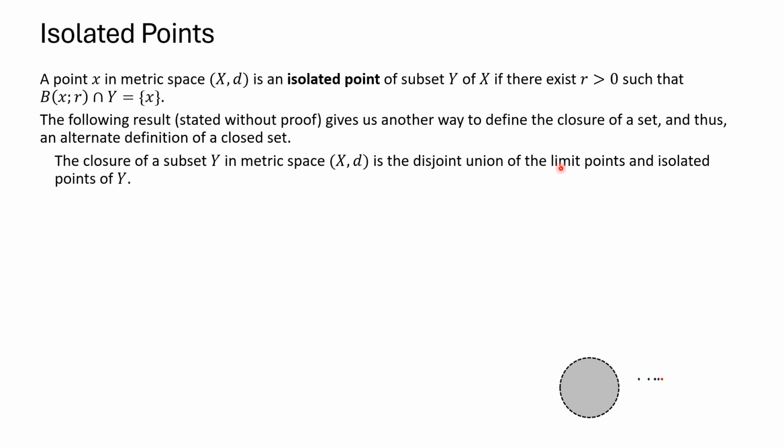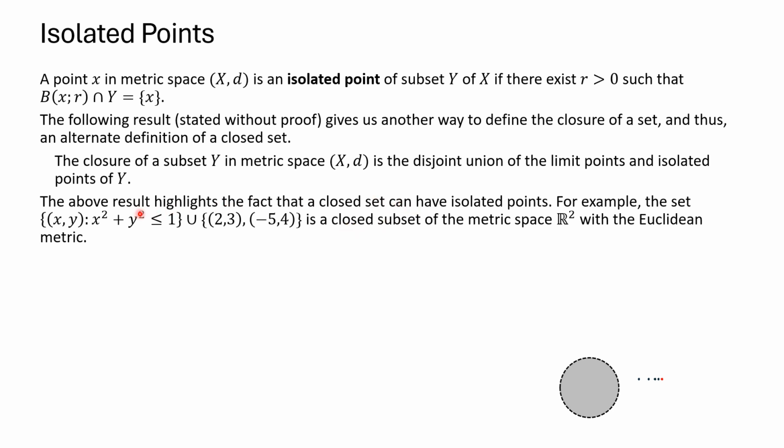So if you take all of the limit points, which may or may not be in this set Y, and all the isolated points, which are by definition in Y, then put those two together, you get the closure of Y. And if you have a set that contains all its limit points and isolated points, then that would be a closed set.